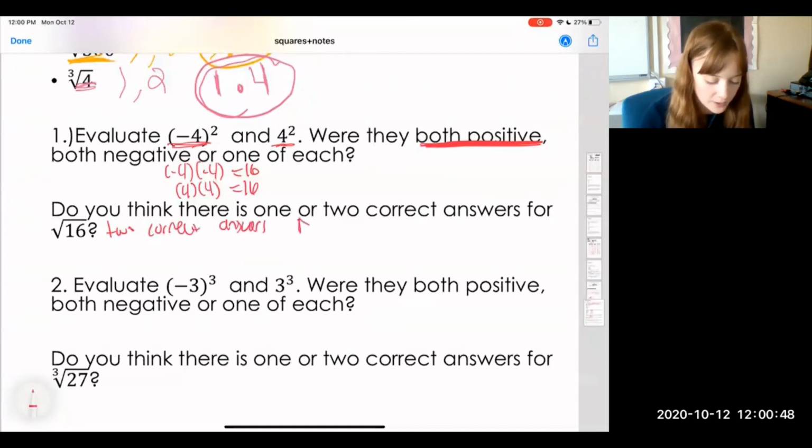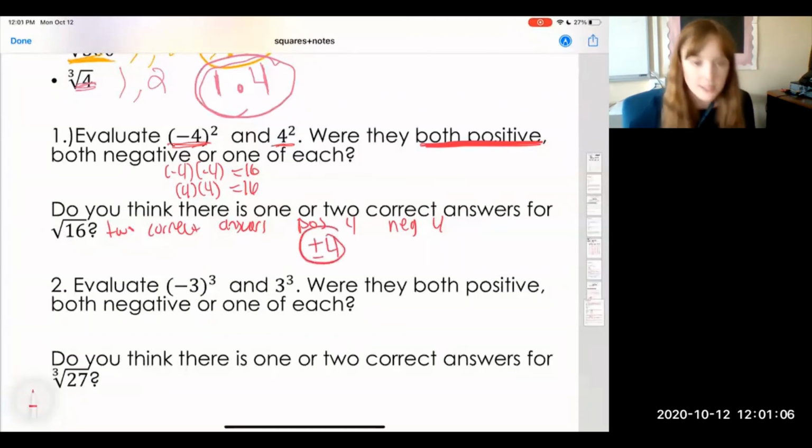One is positive 4, which we learned about yesterday, and the other is -4. But we don't always want to write out the words. So actually when we take the square root of numbers, not the cube root, our answers will be plus or minus our number. That's how we would write those. So the square root of 16 is actually plus or minus 4.